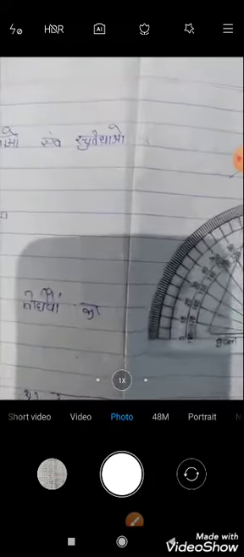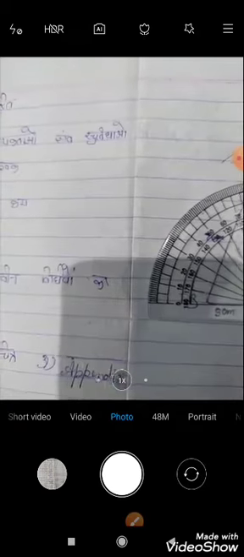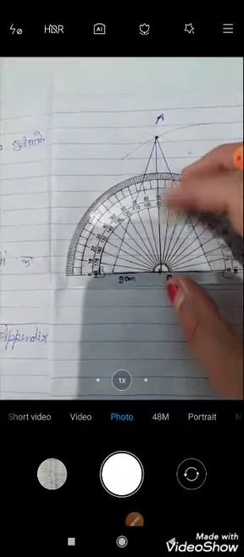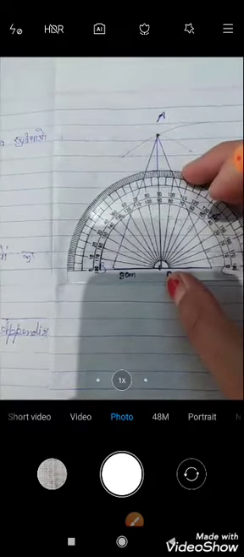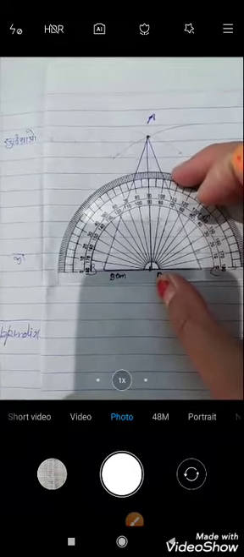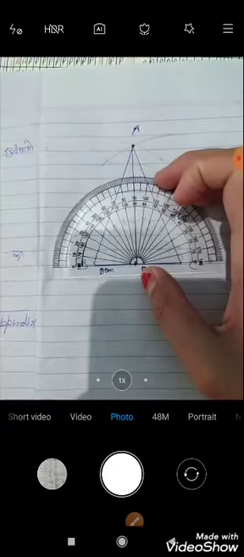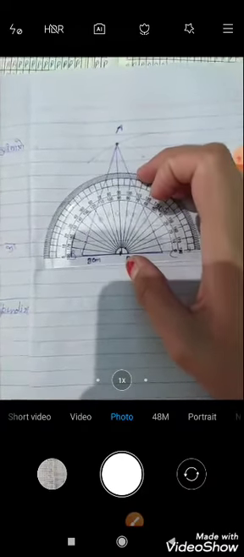So here is my protractor, and I am going to measure this angle, and from the protractor it is clear that angle ADC and angle ADB, both the angles are of 90 degree measurement. So in an isosceles triangle, the median and altitude of the triangle can be the same.